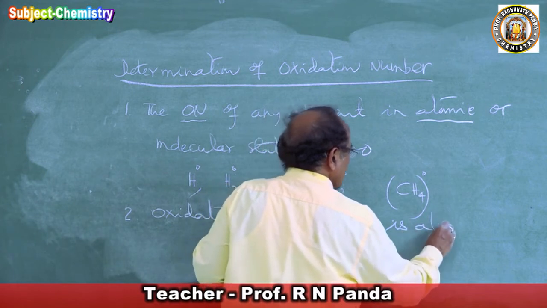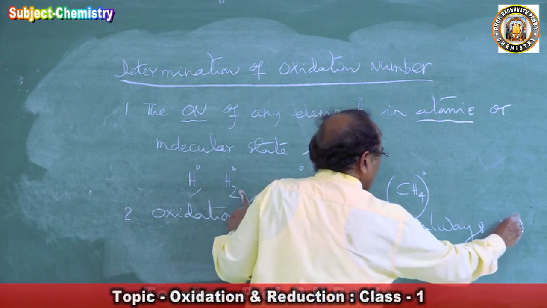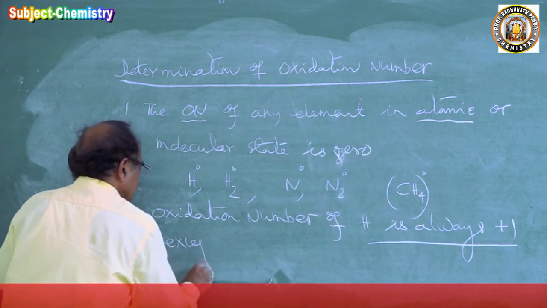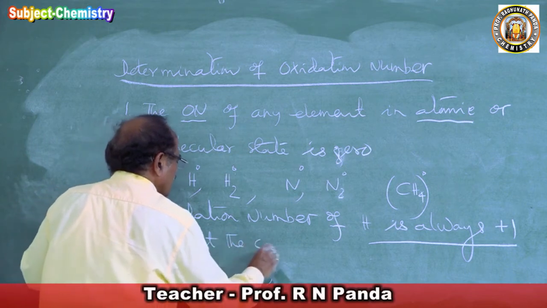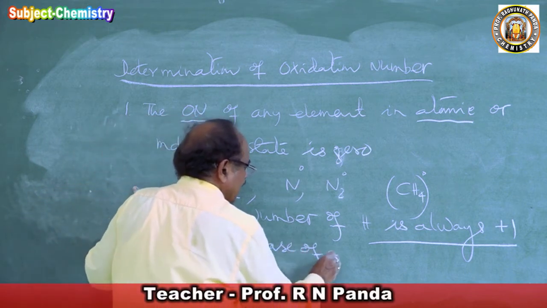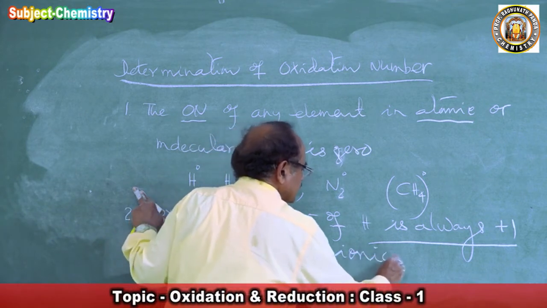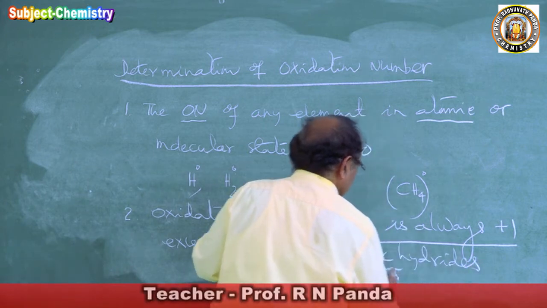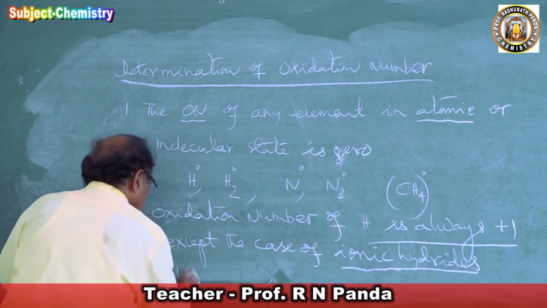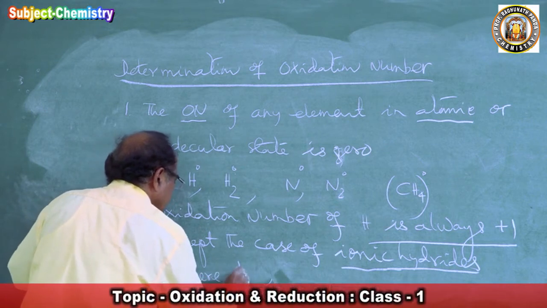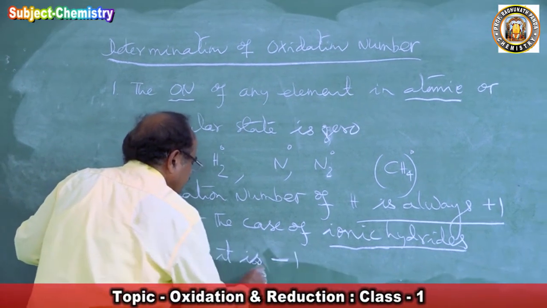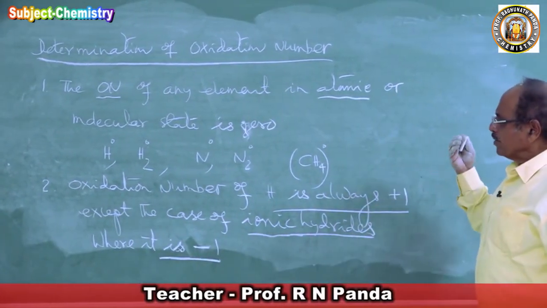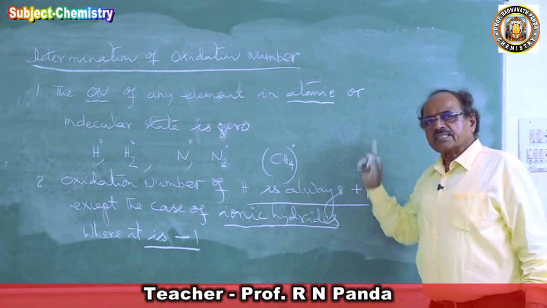It is always +1 except in the case of ionic hydrides, where it is -1. Where it is -1. What is this? Now the oxidation number of hydrogen is always +1. Why? The valence is 1.